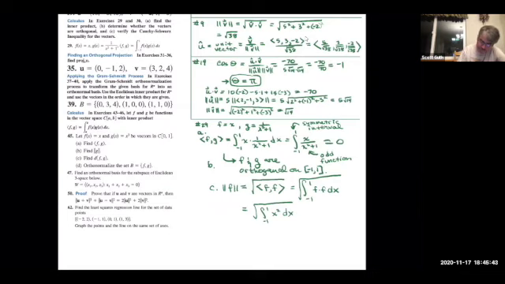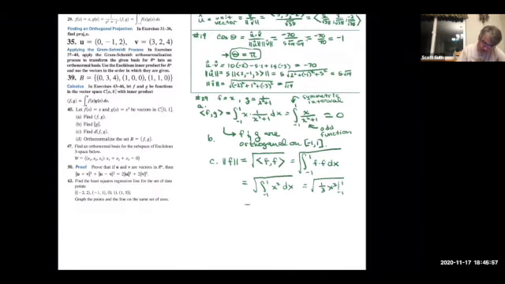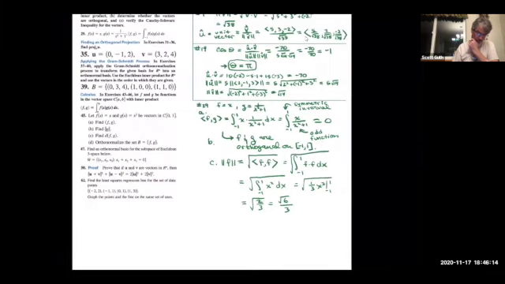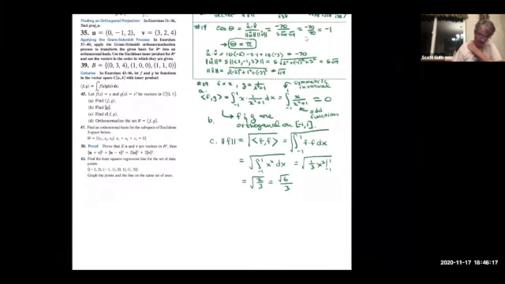So that's the square root of 1/3 x to the third from -1 to 1. So I think that's going to be 2/3, right? So it's the square root of 2/3. And I guess we could call that the square root of 6 over 3, right? That's the norm, the magnitude of f.